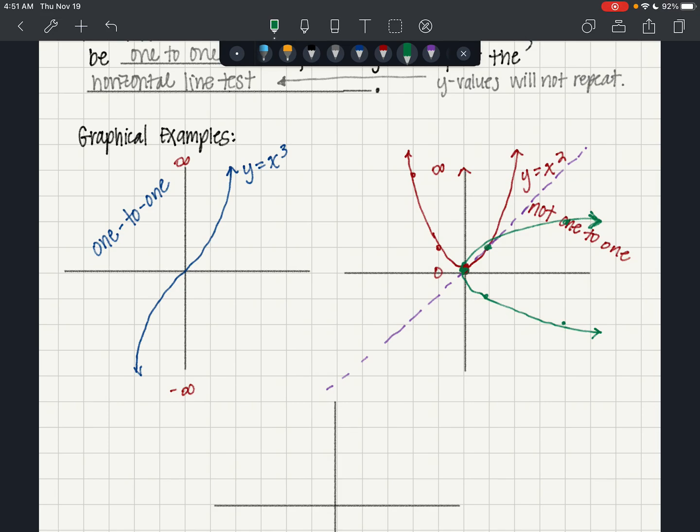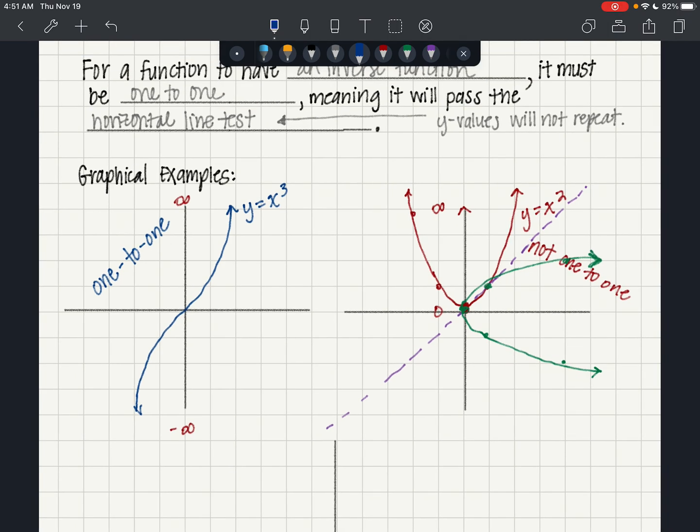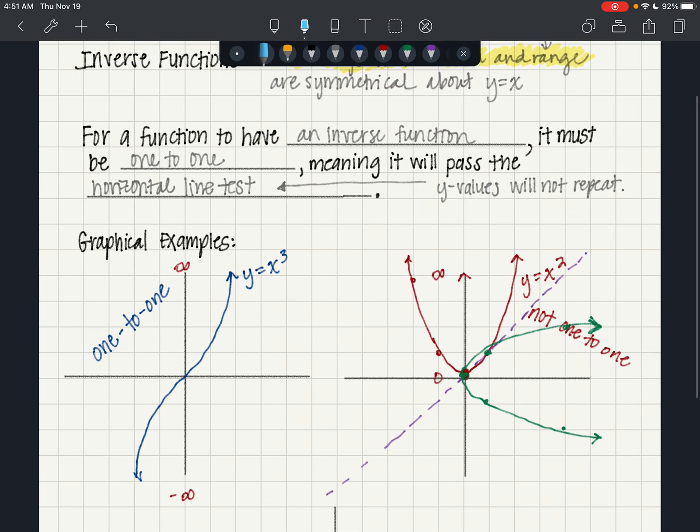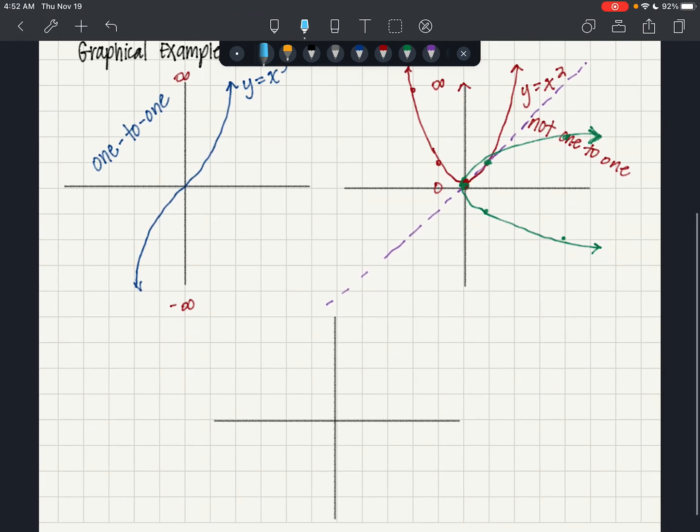However, the green curve is not an inverse function. And the reason it's not an inverse function is because it's not a function. It fails the vertical line test. So a function that fails the horizontal line test will have an inverse that fails the vertical line test. So functions have inverses, but for a function to have an inverse function, it has to pass the horizontal line test. It has to be one-to-one.